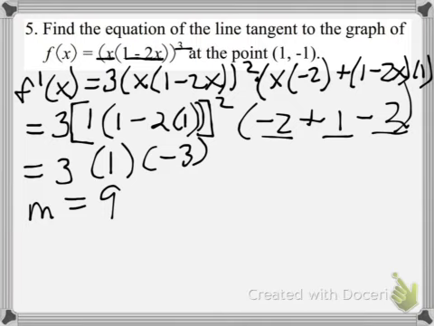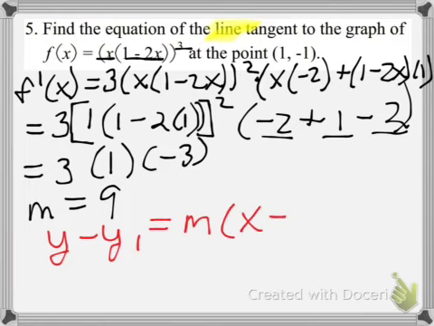But I am not done. I'm asking for the equation of the whole line tangent to this function. So of course we go then to point slope form. Point slope form is y minus y1 equals m times (x minus x1). So if I plug that all in, plug in what I have, my point x and y, gave it to me there.